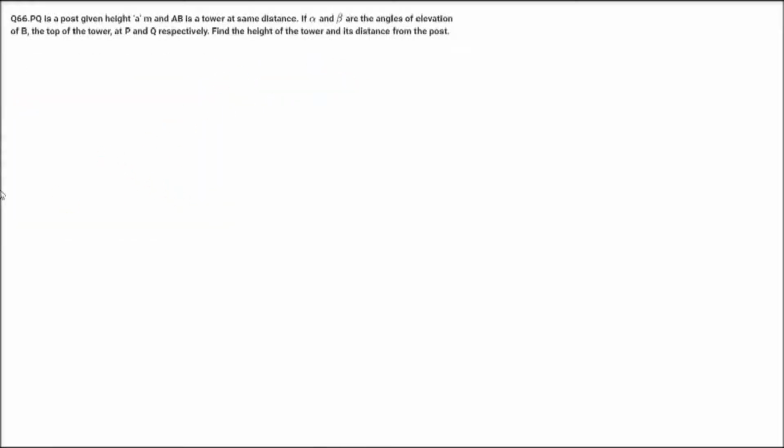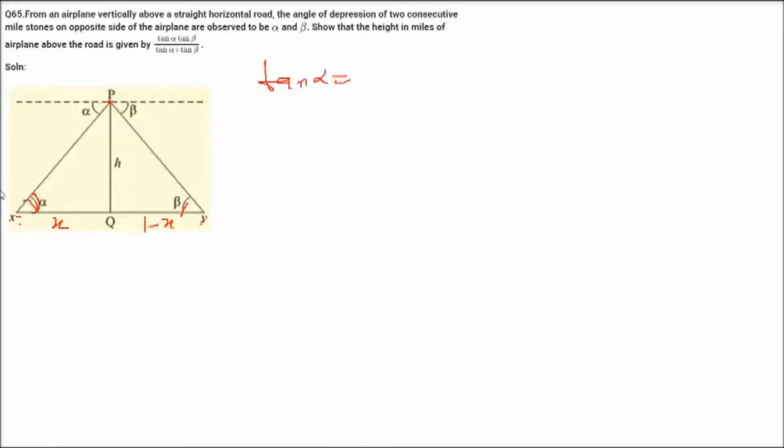So let us take this triangle first. Tan alpha will be equal to h by x. And the second one we are taking, tan beta will be equal to h by 1 minus x. Now we have to find out h, so we have to eliminate the x. So x can be written as h by tan alpha.